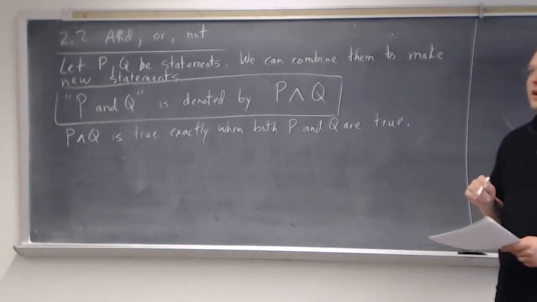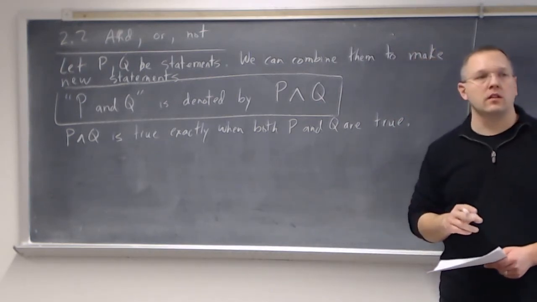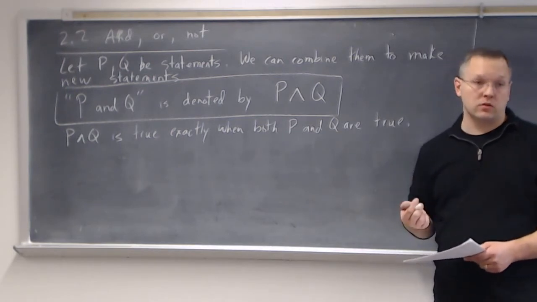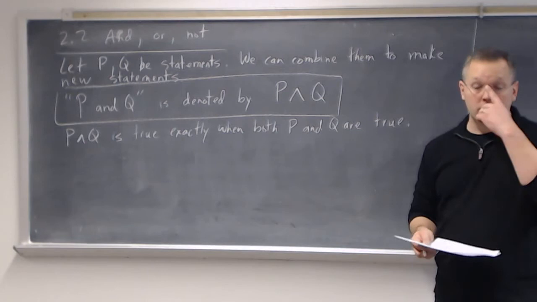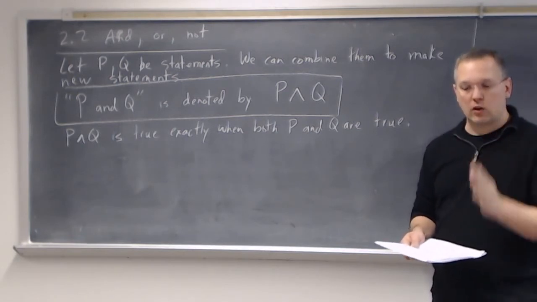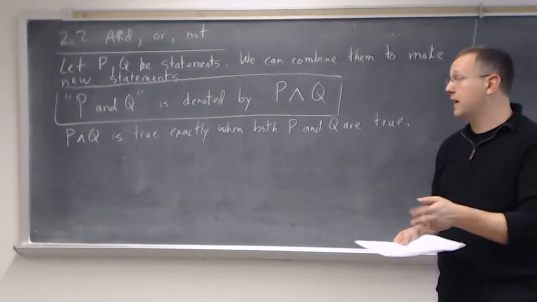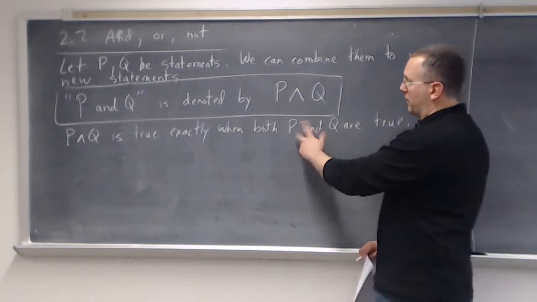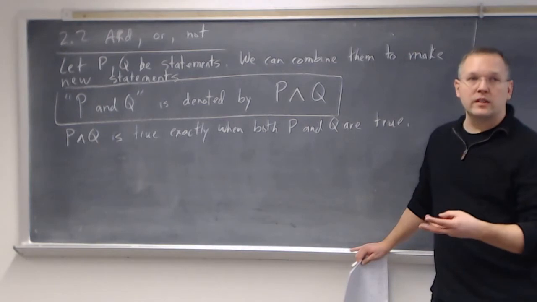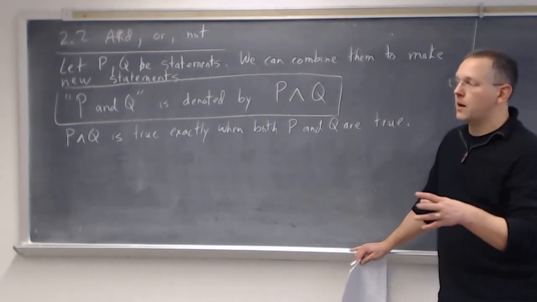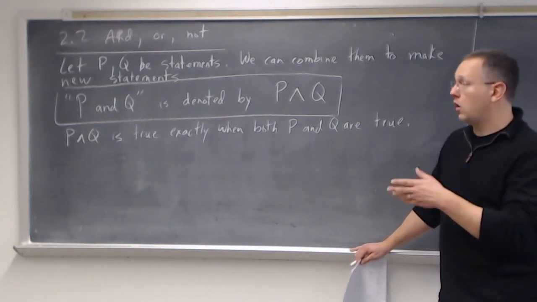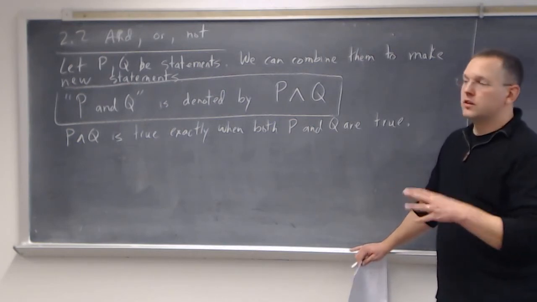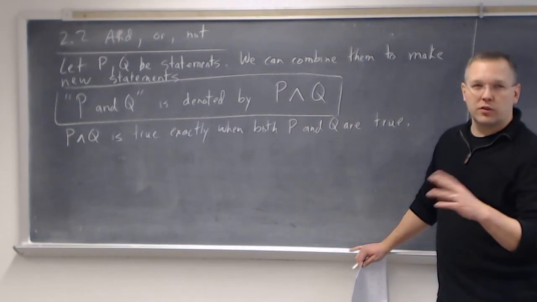Now we're going to start analyzing the truth value of a compound statement using truth tables. A truth table considers all the different truth value combinations for the individual statements. Sometimes we'll have two statements like P and Q. If you have three, some other common letters are P, Q, R, and S. You can have four or more, but for now we'll probably have two or three statements.